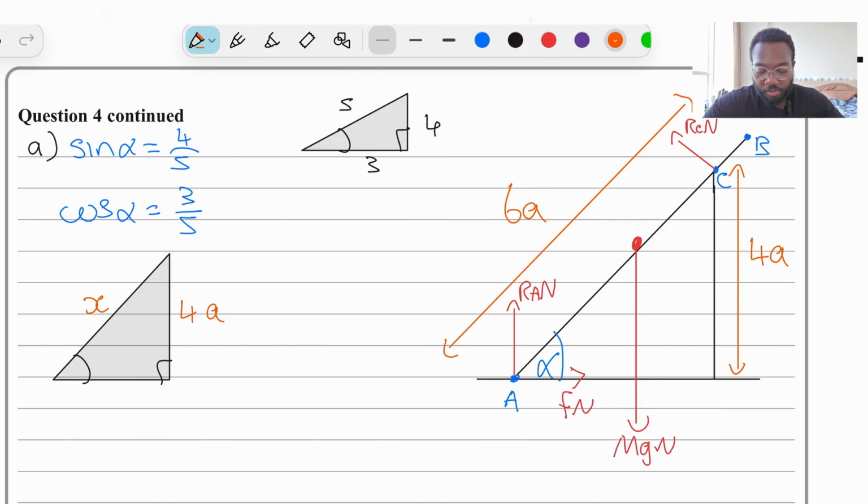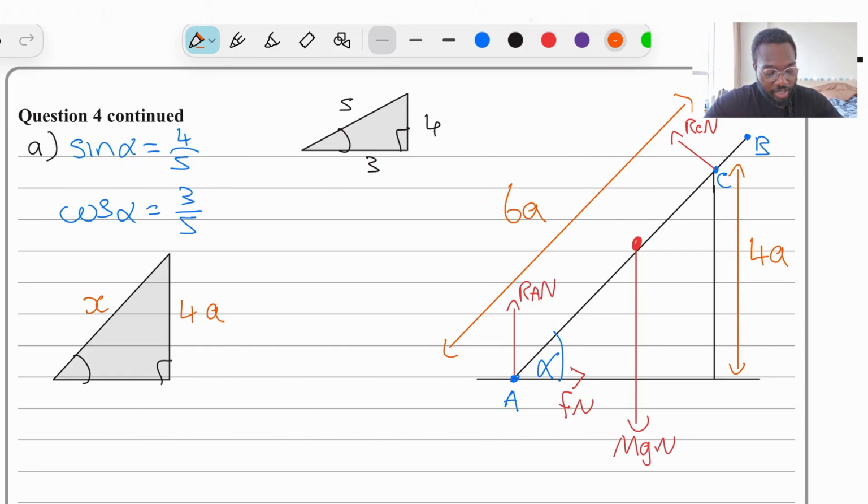Because we want to take moments. They give us lengths in the question, so we know we probably need to take moments. But if we want to work out what RC is, right now we have too many unknowns. If we can eliminate the unknowns at A, then we'll just be left with the unknown at C. So we want to take moments at A. That's why we want to work out this distance AC, because by working it out, we can then use it to take moments.